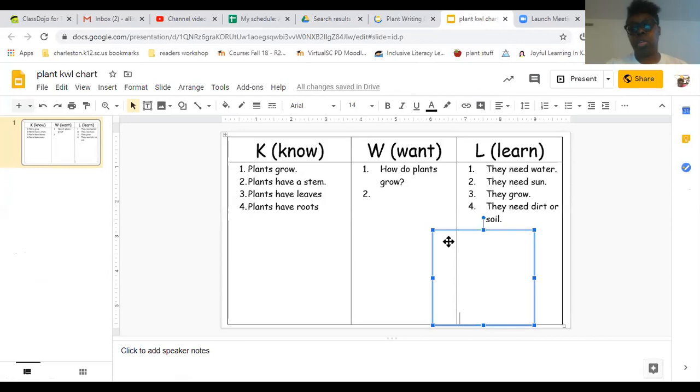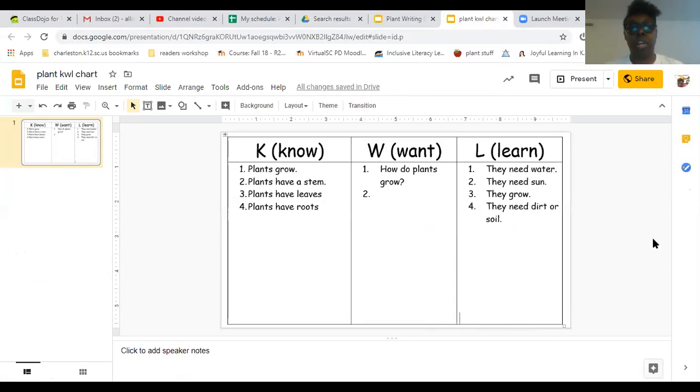So what we're doing today is we are using what we've already learned to create a piece of writing. And this piece of writing can be used as our assessment. I'm going to review the KWL chart with you.